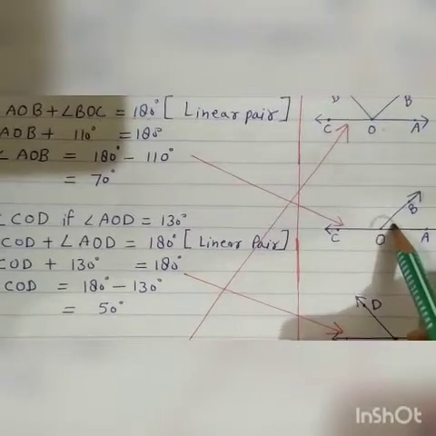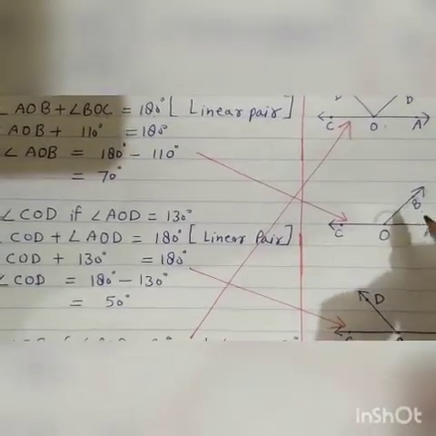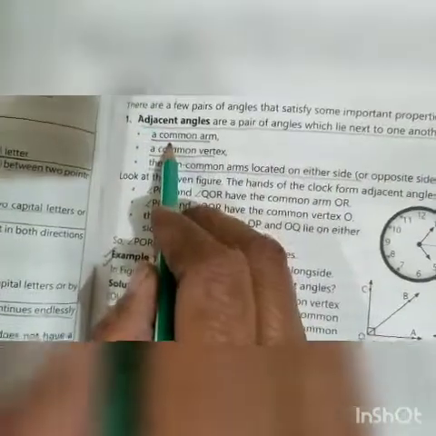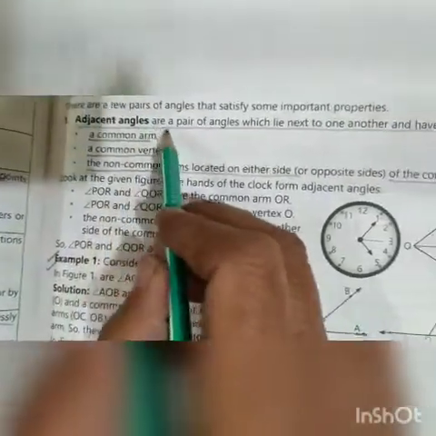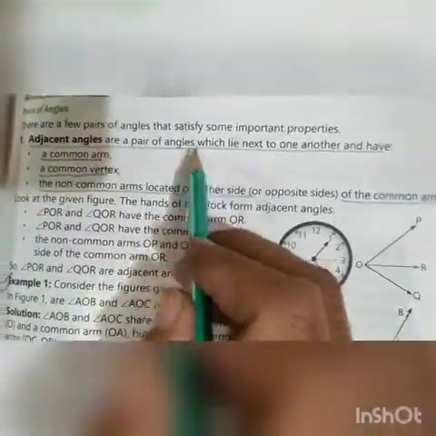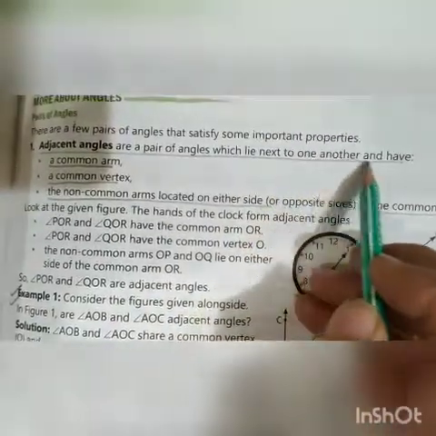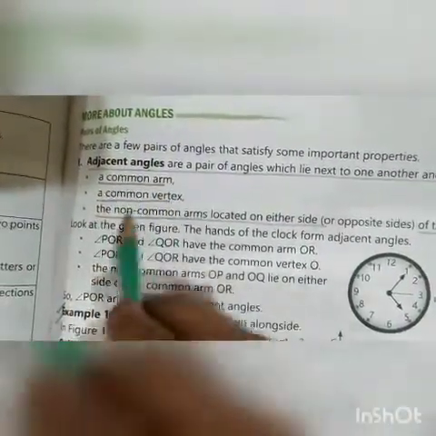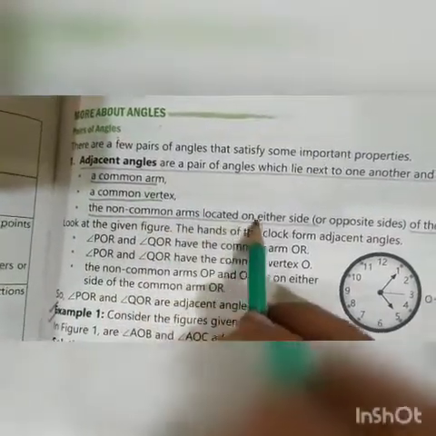These two angles are adjacent angles. Why? See, what are adjacent angles? In adjacent angles, one arm is common. A common arm. Adjacent angles are a pair of angles which lie next to one another and have a common arm, a common vertex, non-common arms located on either side of common arm.